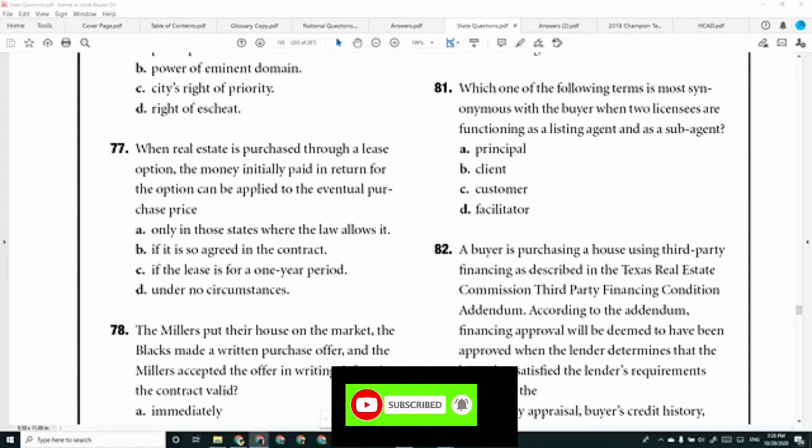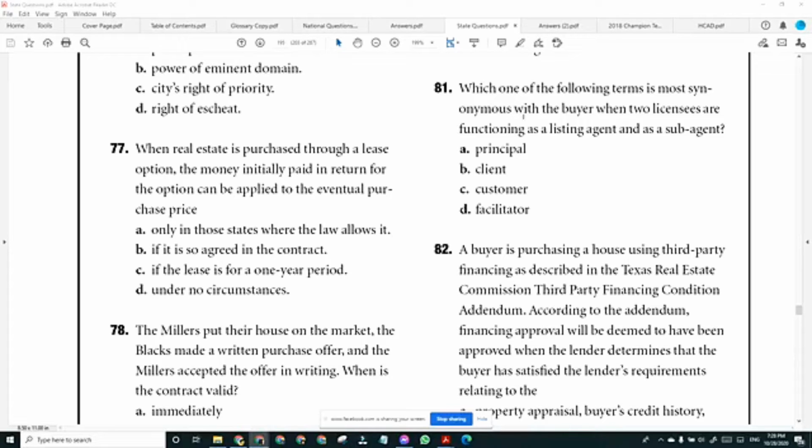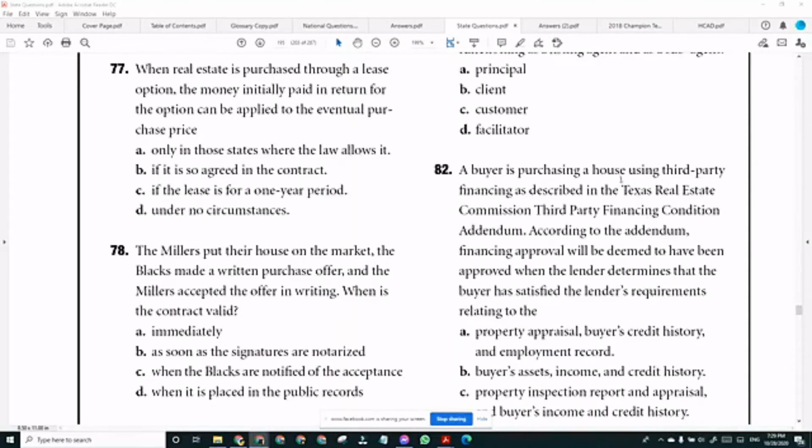However, it says what word is synonymous with the buyer, okay? So what is a buyer called under these circumstances? They're called a customer. Okay, Tanisha? They're not a facilitator. It would be the sub-agent that is facilitating the buyer. But it says, what term is most synonymous with the buyer under these circumstances? It is C, the customer.